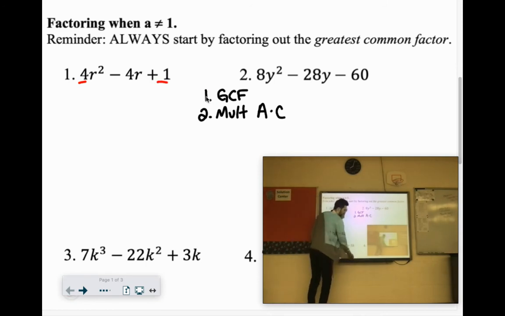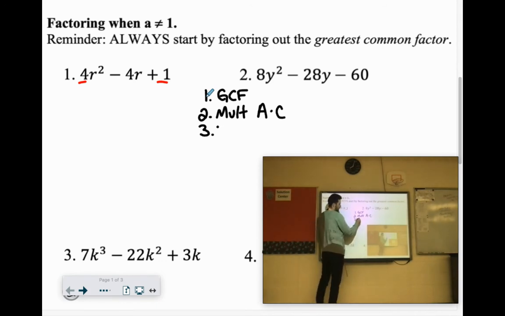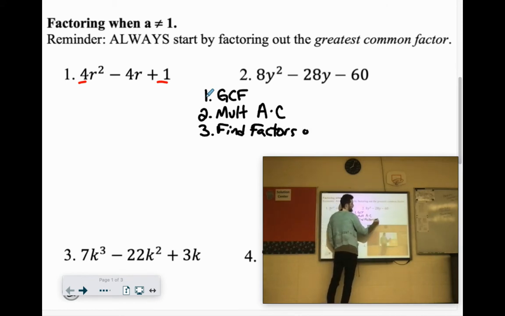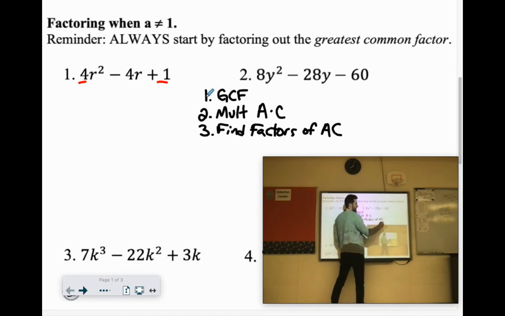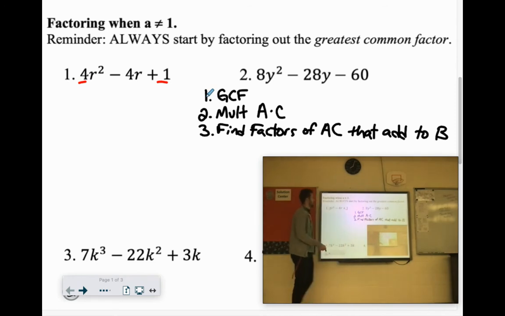So step 3 would be to find factors of AC that add up to B. Okay, so factors of 4 would be 1 and 4, or 2 and 2.